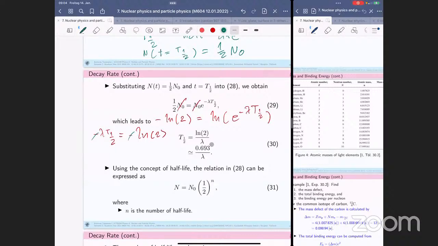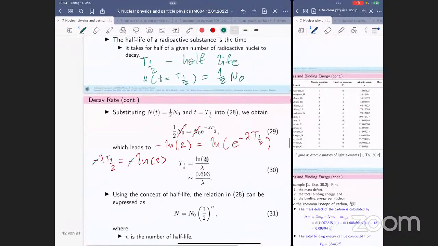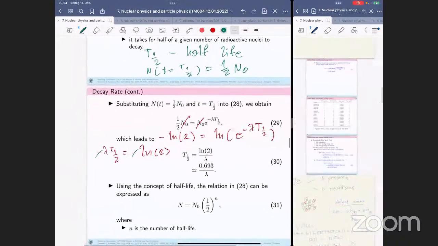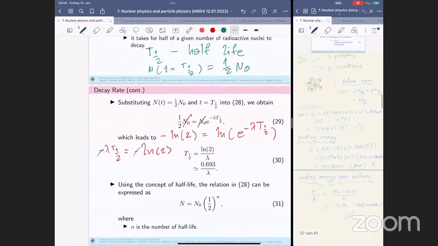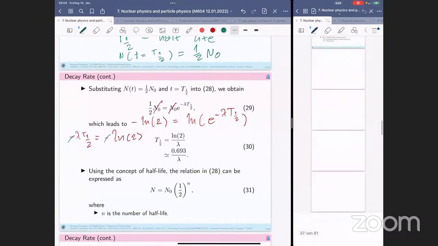It's quite simple for us at the high school level, right? And the next thing is, we can now write T1/2 equal ln 2 by lambda, and from the initial expression, it's on page 37.